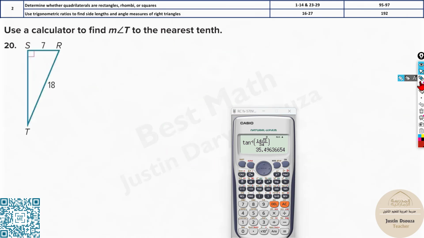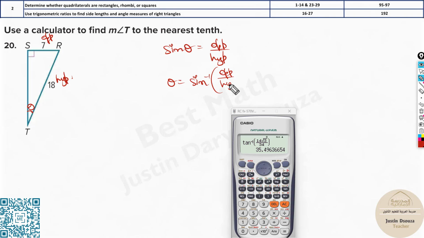And again over here, let's quickly do this. Measure of angle T, theta, opposite is known, and this is hypotenuse. Opposite and hypotenuse is given by sine theta, that is opposite by hypotenuse. Now theta will be equal to sine inverse, I'm directly writing it, of opposite by hypotenuse.